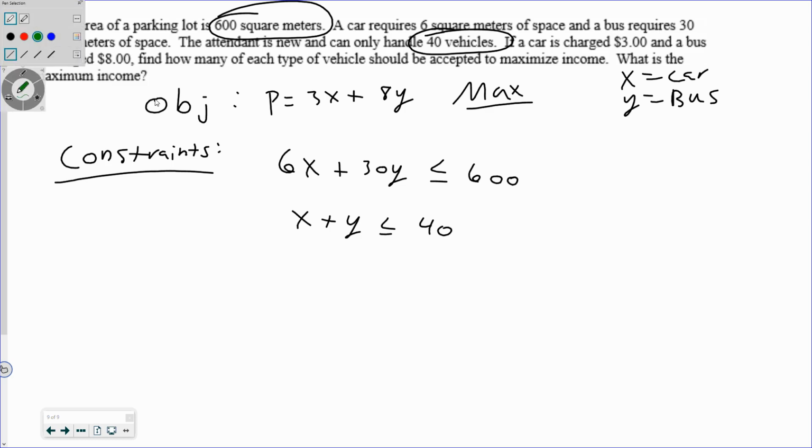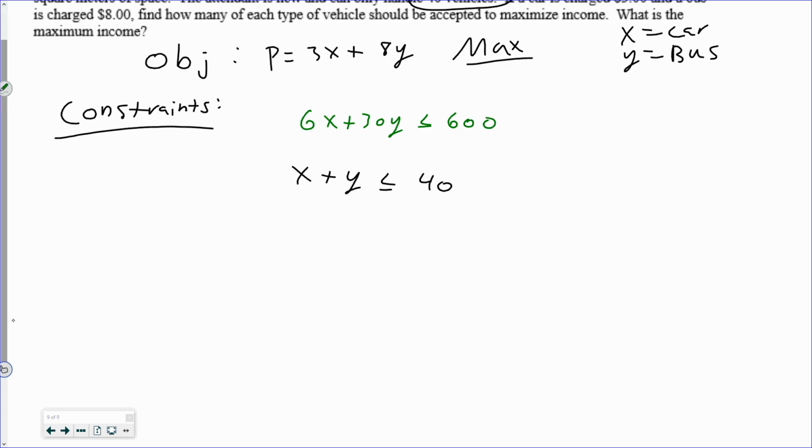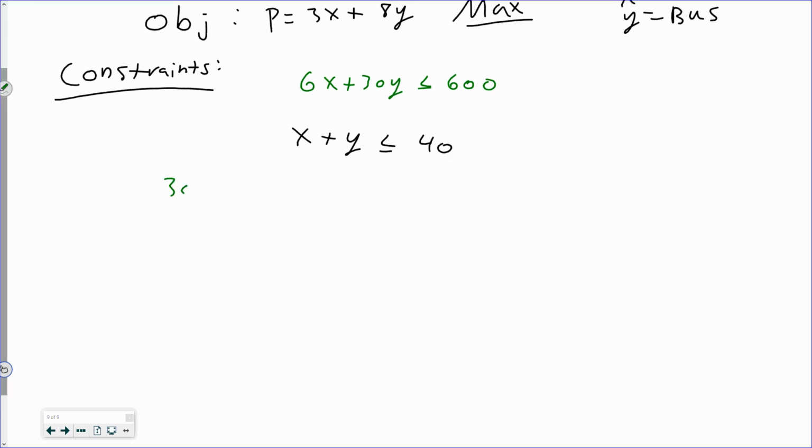So let's go ahead and solve these for y equals. For the first one, you have 30y is less than or equal to negative x plus 600. Divide it out by 30. Y is less than or equal to negative 1/5 x plus 20.